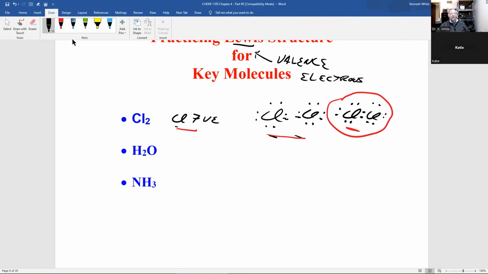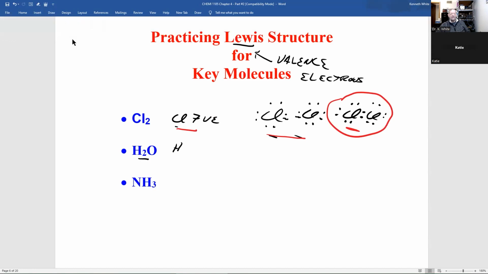Now, if we do it for water, hydrogen and oxygen, hydrogen has 1 valence electron. You can go and look at the periodic table. Oxygen has 6. Now, the only way to make this work for the Lewis structure is oxygen has to be in the center. And we have 2 hydrogens, 1 oxygen.